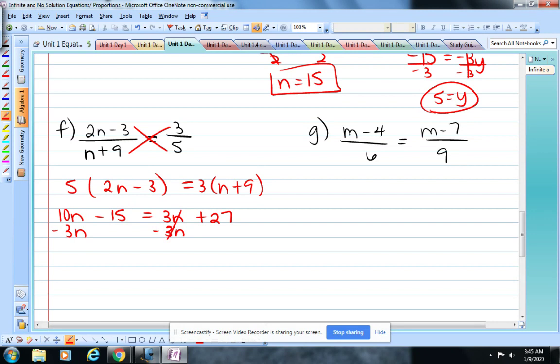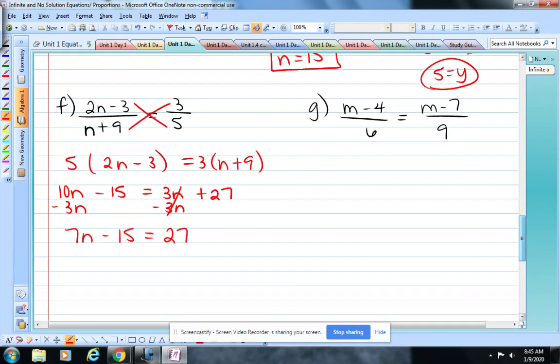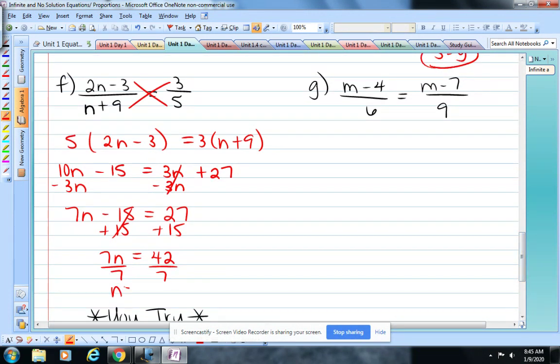And what is 10n minus 3n? 7n minus 15 equals, and then what? Add 15 to each side. So 7n equals 42. Then what? Divide by 7, and n equals, oops, I'm out of space. That one was kind of long, wasn't it?